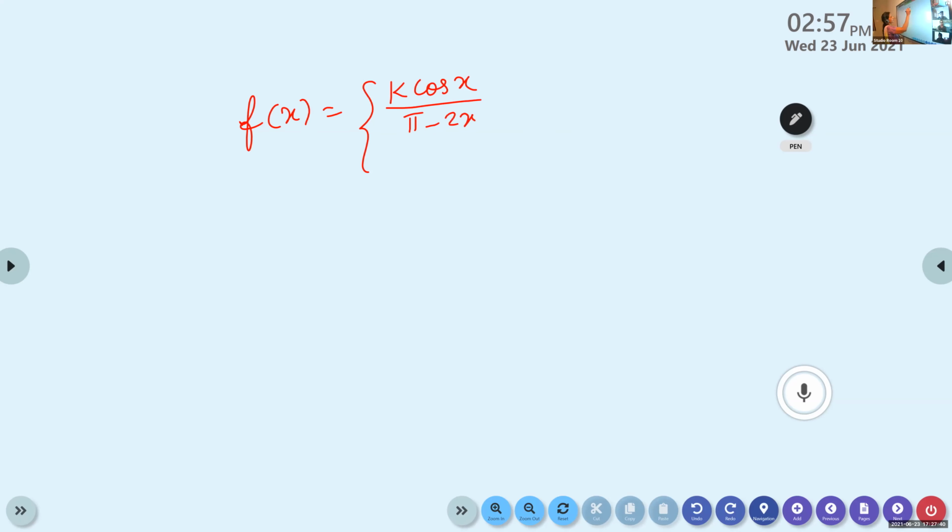So this is what is given: f of x is k cos x by pi minus 2x with x not equal to pi by 2 and 3 when x is pi by 2. It is given that this is continuous at x equal to pi by 2.